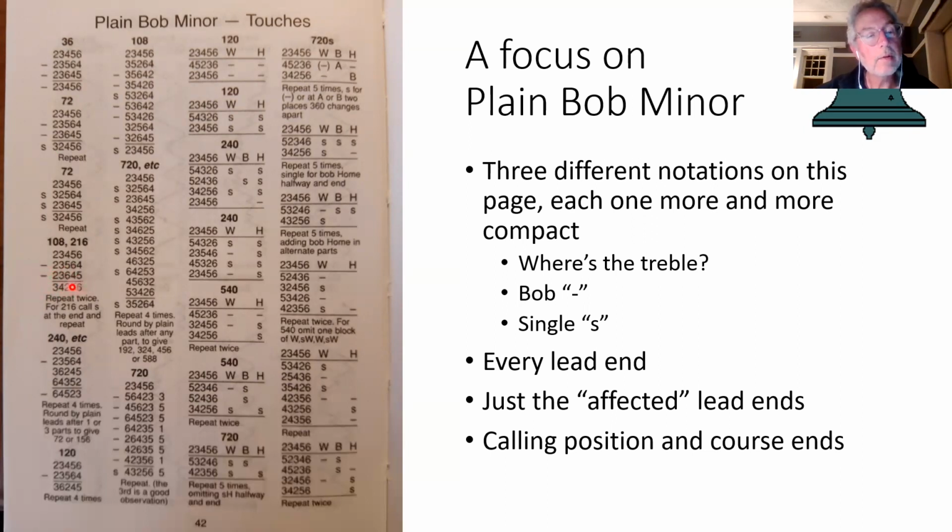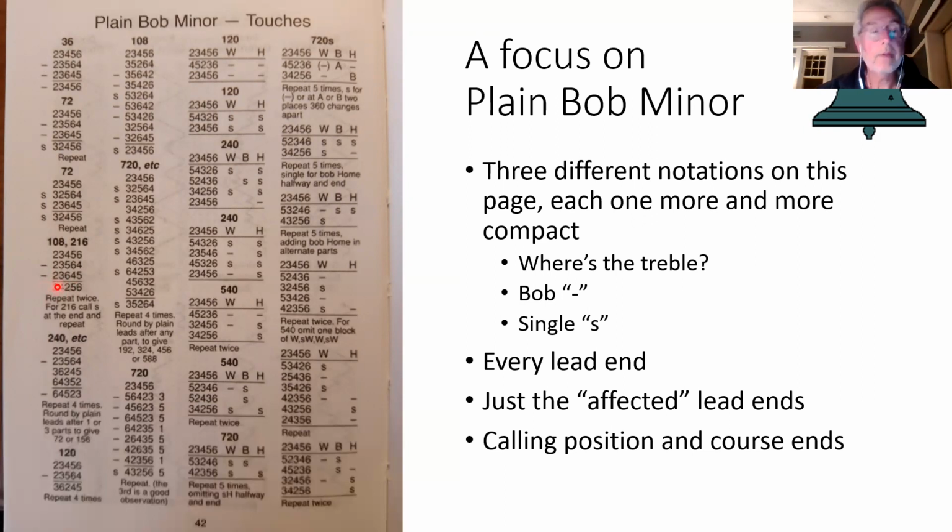And so look, that part end, 1, 3, 4, 2, 5, 6. So 5 and 6 are in their home position. Very nice. 2, 3, 4 from rounds up here has turned into 3, 4, 2. So it's cycled. It's cyclical. And it says, repeat twice. Well, that makes sense because there are 3 bells that have cycled around.